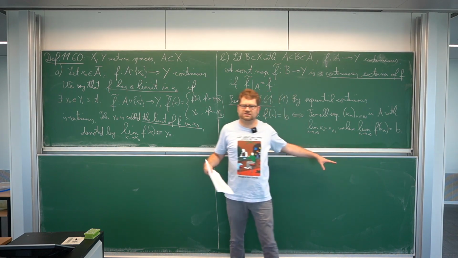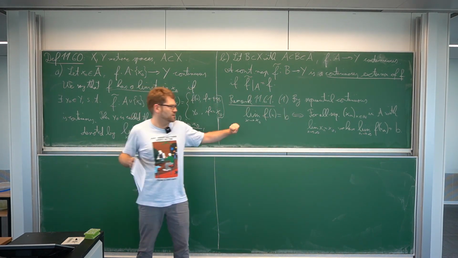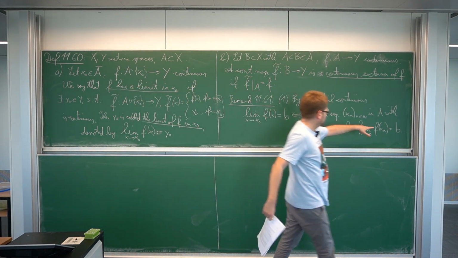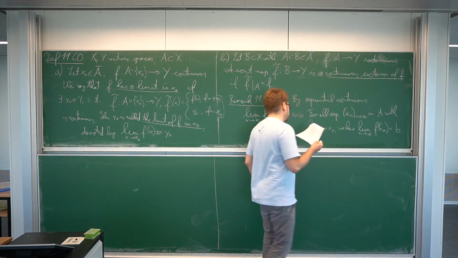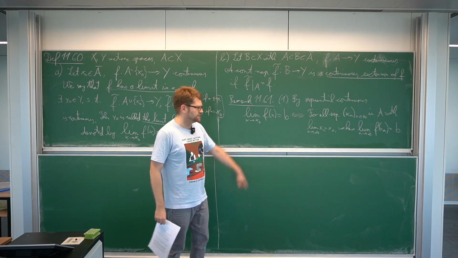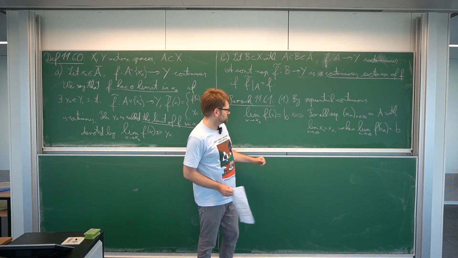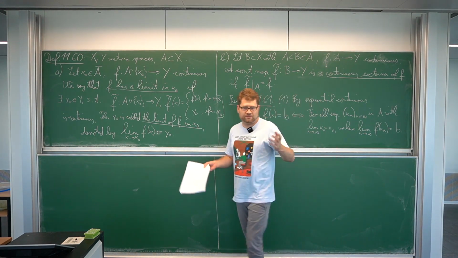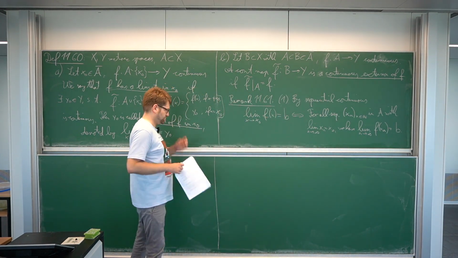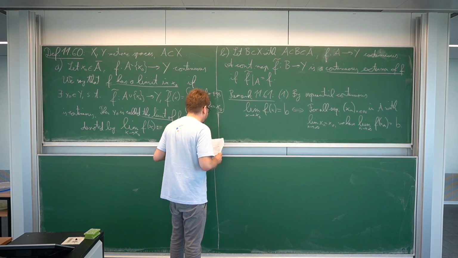Okay, so for all sequences with which we approach this point, we get that the values also approach a certain value. And similar to the previous semester, if you want to show that the limit does not exist, this is usually the way to go, because it suffices to find two sequences which both converge to the same point, but whose values of f do not converge to the same value there.